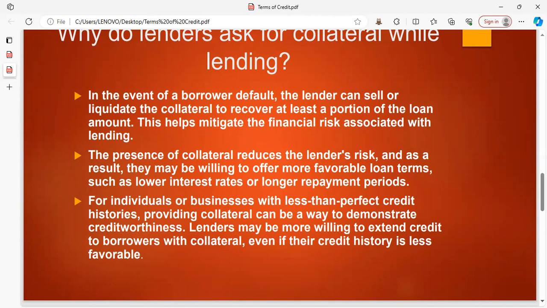Lenders may be more willing to extend credit to borrowers with collateral, even if their credit history is less favorable. Maybe in the past they did not have a good credit history. They may not have paid the money on time, but if you have collateral security, at least you may recover the money by selling it.